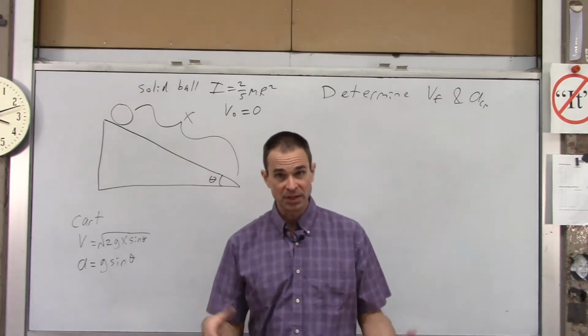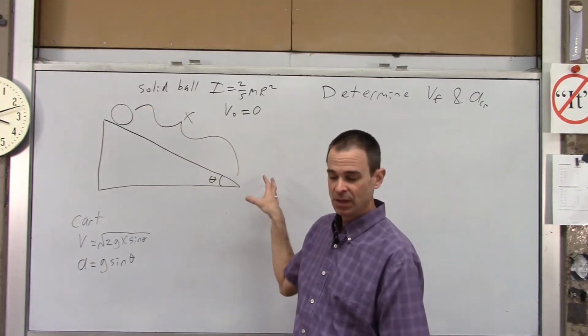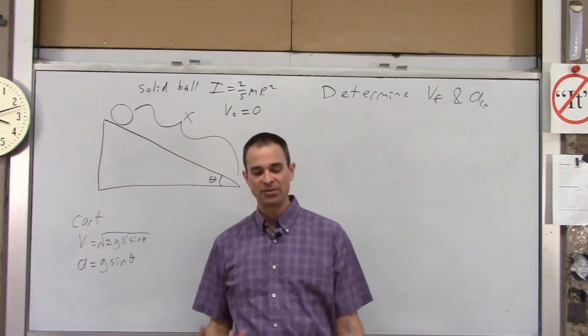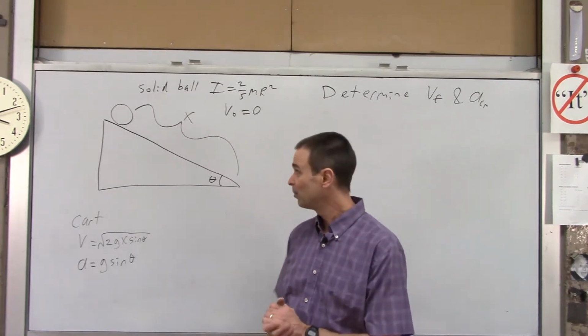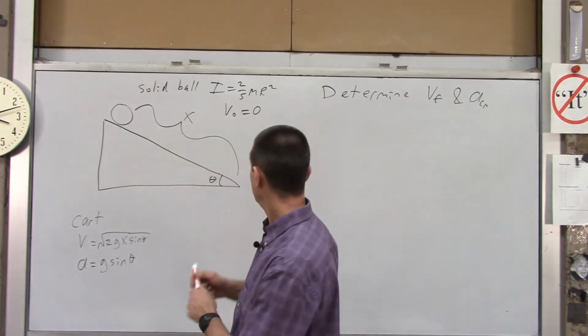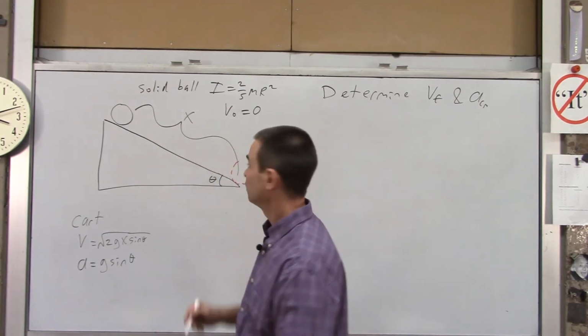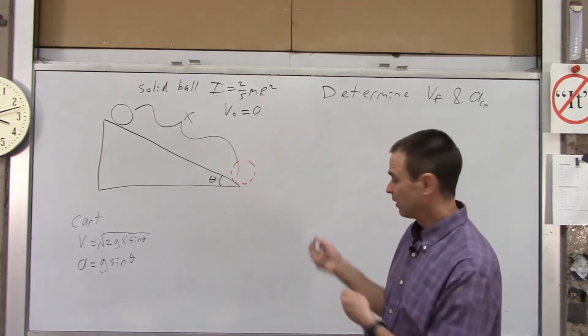Generally speaking, when you have an object traveling from point A to point B, usually the easiest way to find information about it is to use conservation of energy. So for this problem, we're going to use conservation of energy as the ball travels from the top of the incline to the bottom.